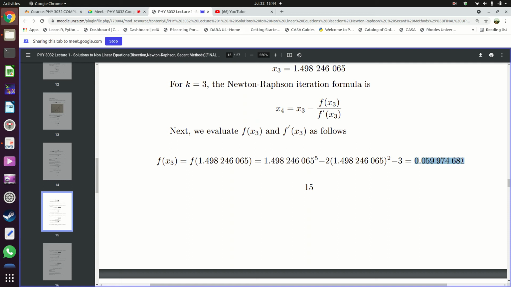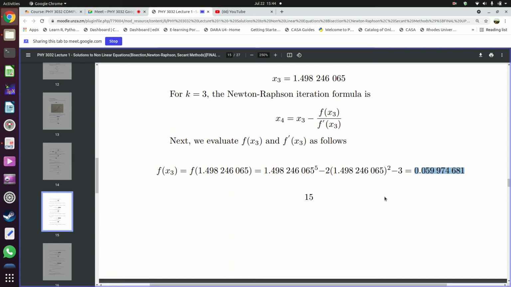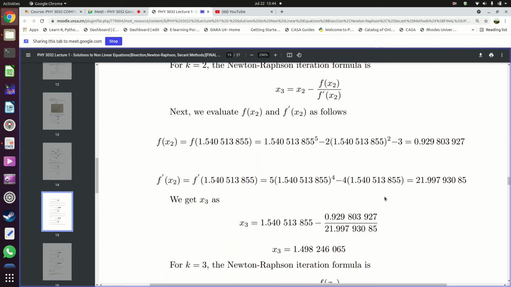Is that clear? Yes, it is. Already you can see that x3 is actually an acceptable solution at 1.498. The other one, x2, is okay, but it's not a good solution. The value of the function at x2 is 0.929. It's not very close to 0.